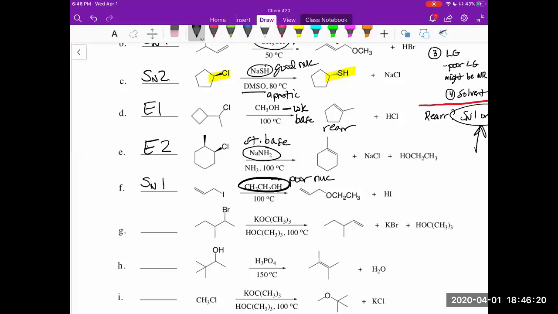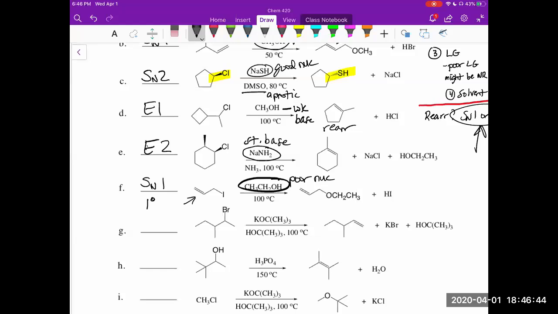All right. Now here's something weird for you, and someone asked this when we had office hours today. SN1, but the substrate here is a primary substrate, right? And we learned that primary carbocations are generally not very stable and don't really form very well. But this one did.